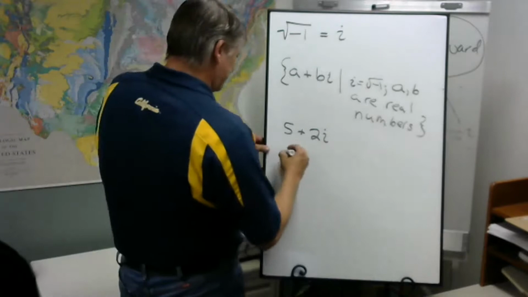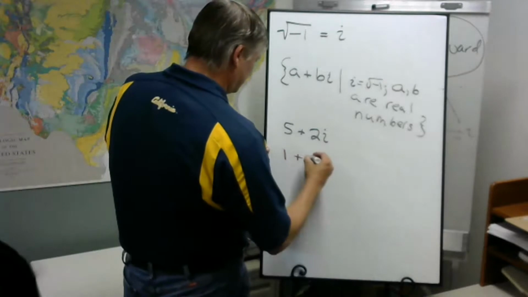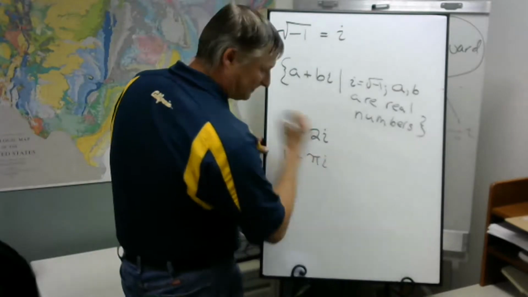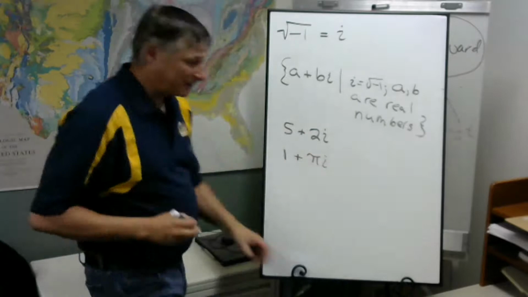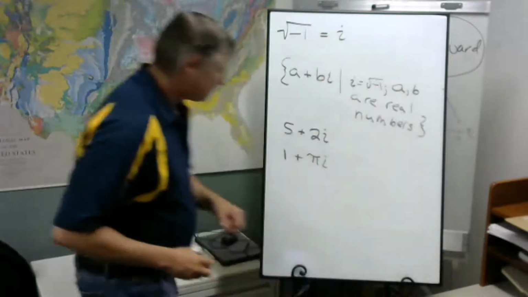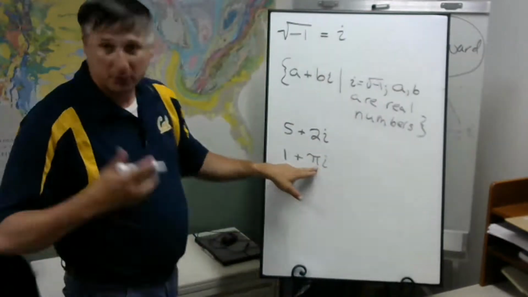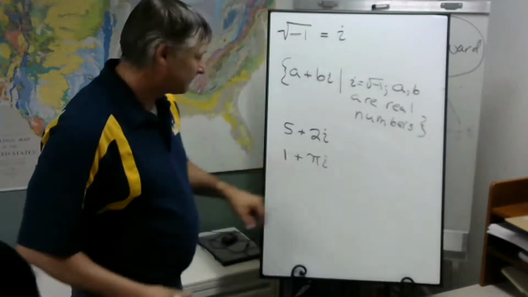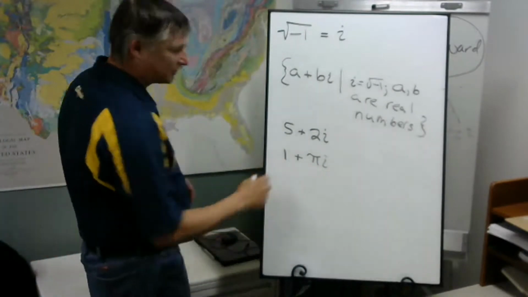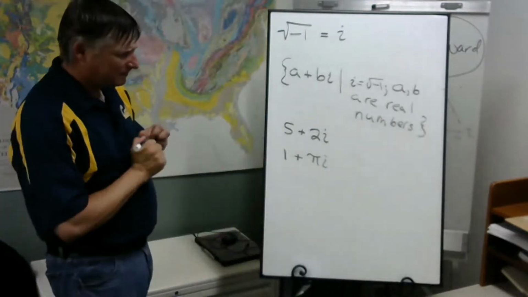And we could take something like 1 plus pi I. We can do something like that. And again, this is an irrational number, but irrationals are still real numbers. But this entire thing is called a complex number.